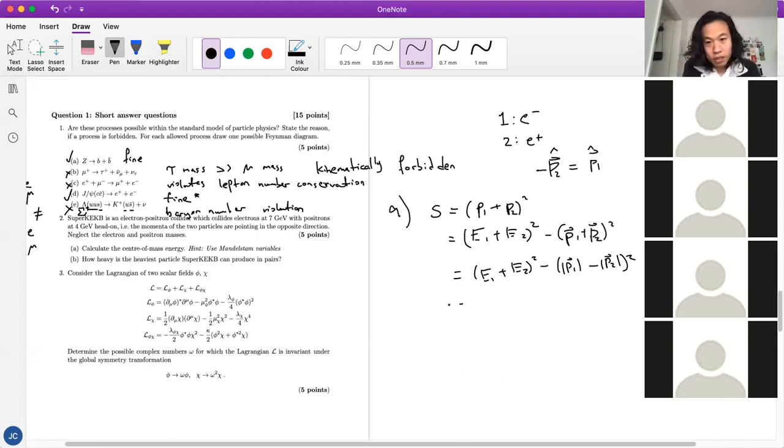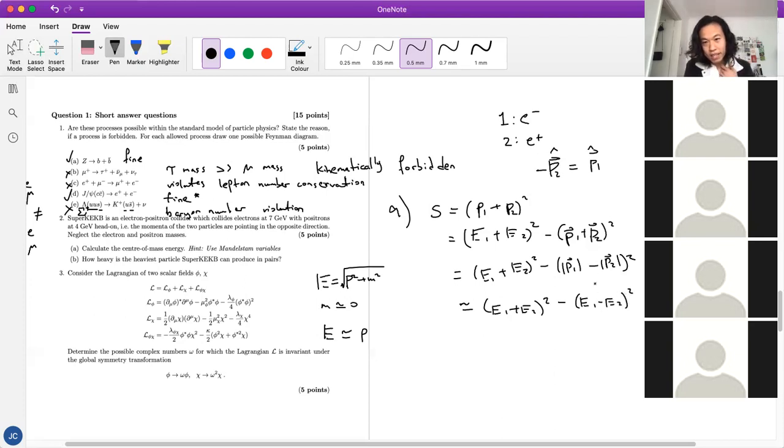Okay, and now I can make this approximation that since they're ultra relativistic, the energy is the square root of P squared plus M squared. And if mass is almost negligible in this case, then E is just approximately P. So this I can write as (E1 plus E2) squared minus (E1 minus E2) squared. Just making the ultra relativistic assumption here. Okay, and now this is perfectly calculable because we have the energies.